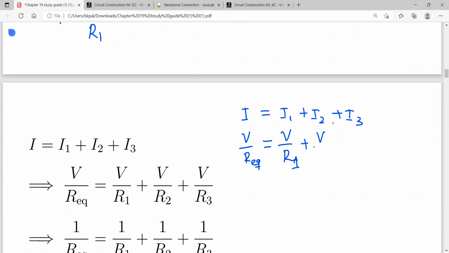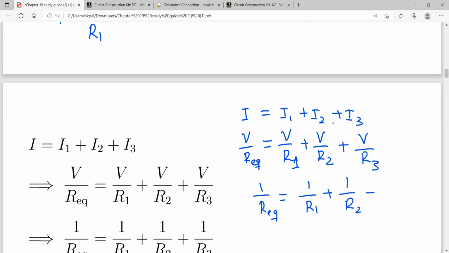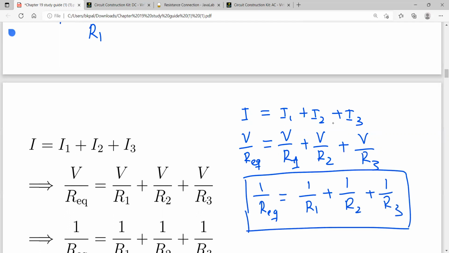Similarly, V over R2, and similarly V over R3. So if I cancel V from both sides, I get something like this. So when the resistors are connected in parallel, the equivalent resistance follows this rule.